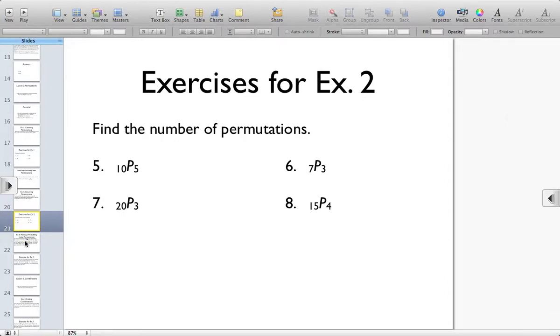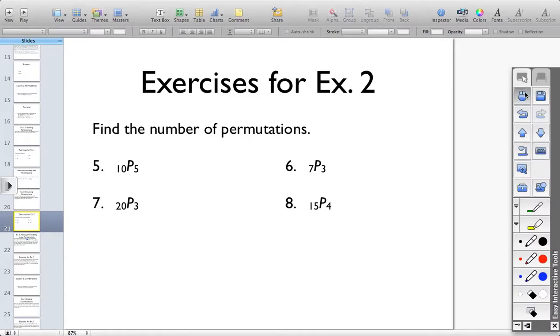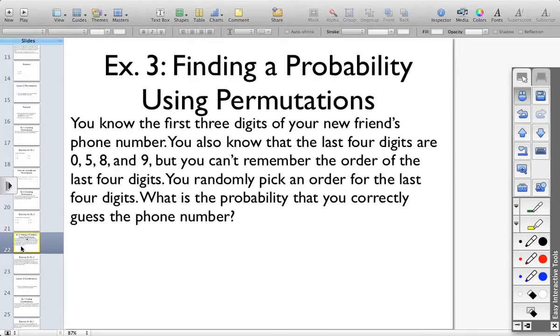All right, let's move on to our last example here for permutations. And since this is our probability unit, let's talk about how we use this in probability. It says you know the first 3 digits of your new friend's phone number, and you also know that the last 4 digits are 0589. In the US, we have 7-digit phone numbers.